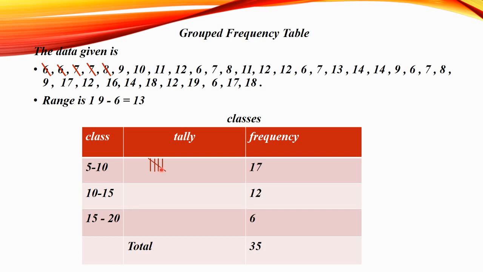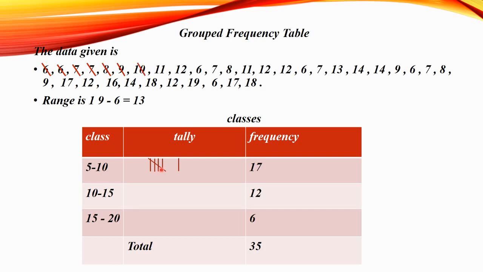So the count will be 5. The next number 9 is coming in the first class again, so we will make a different set, starting from the beginning. Now it is again in the first class, 5 to 10, so it is the first standing line of the second set.